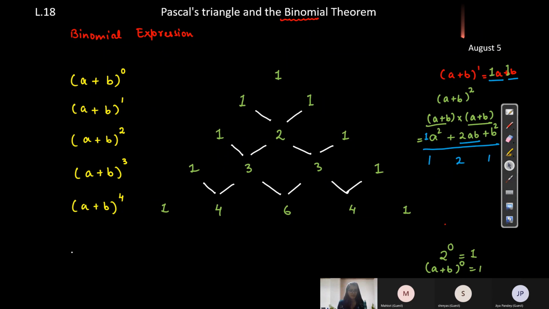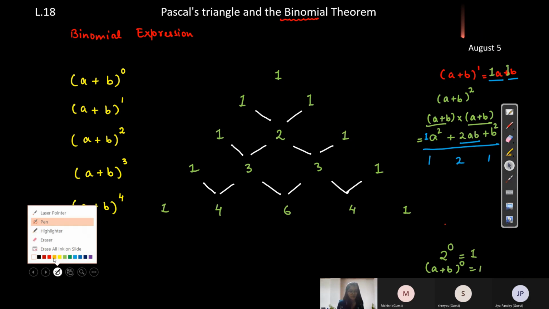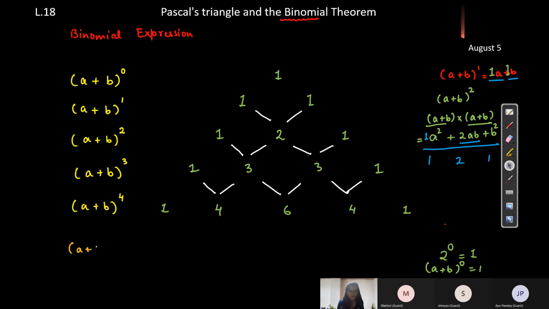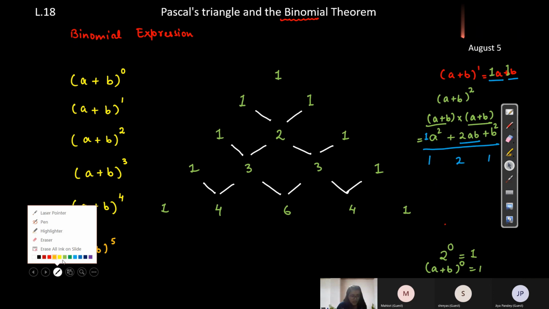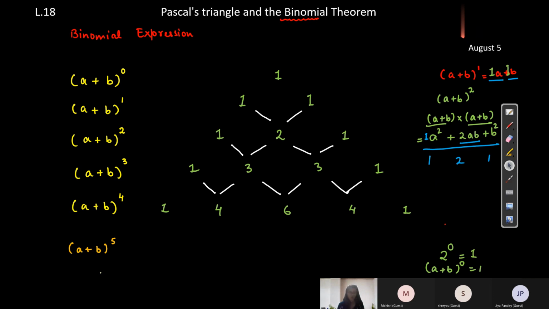Okay, so if now I want to know the coefficients for A plus B raised to exponent 5, which is actually my next question for you guys. Okay, Shreyas, can you please tell me the coefficients of the terms for 5?